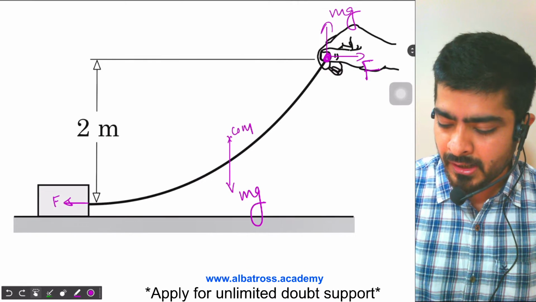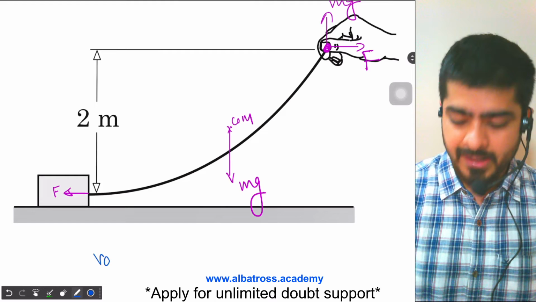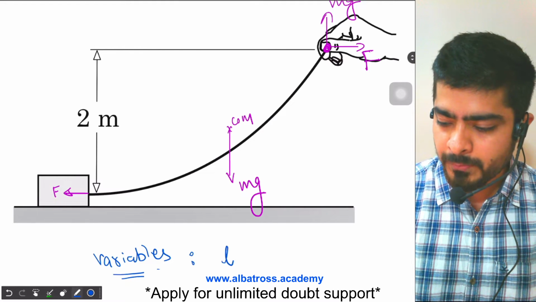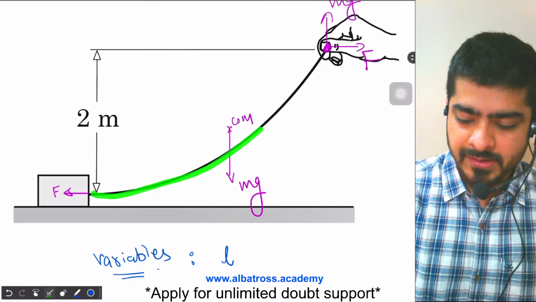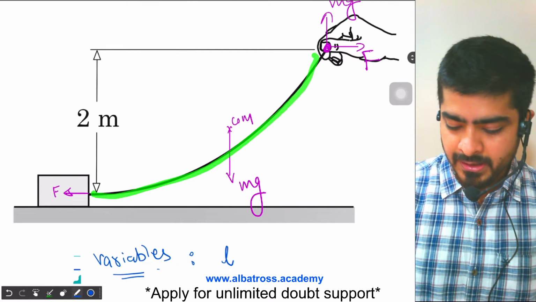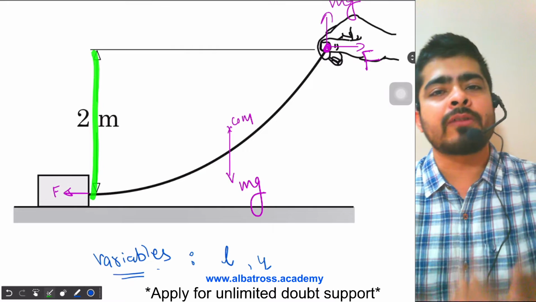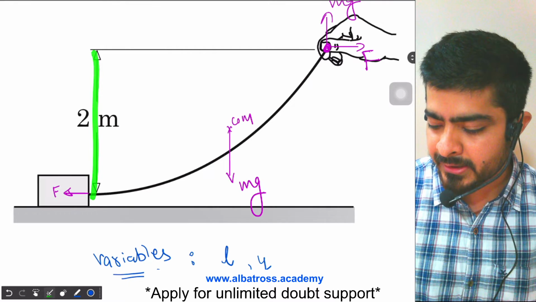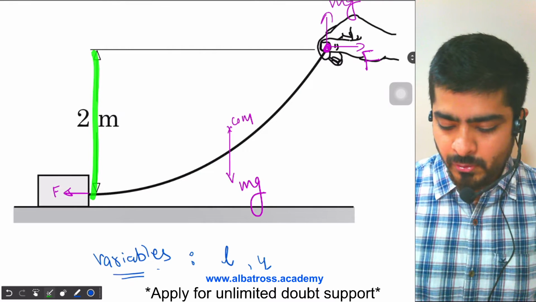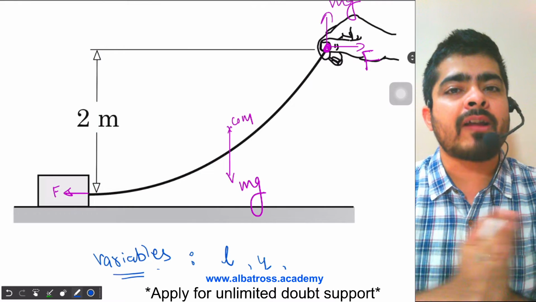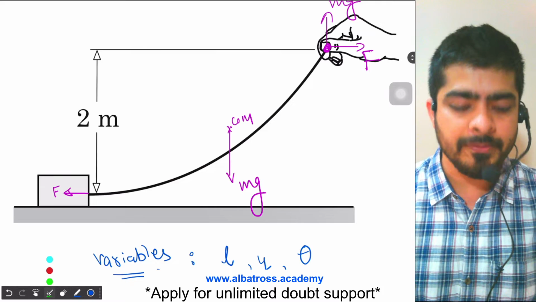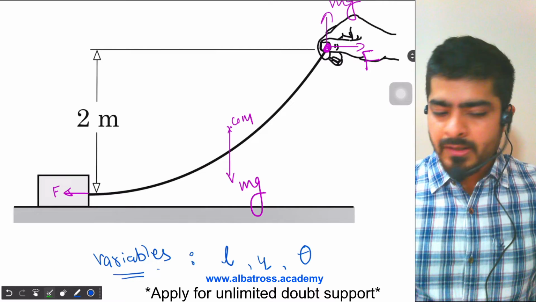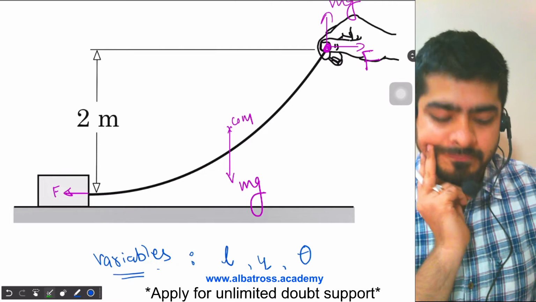The variables are the total length of the rope L. Then we are given the height y. You can see this height y, 2 meter, is given, correct? And the third parameter that we have to calculate anyways in the question is the angle theta. So finally I thought that I should try to convert my equations into these three variables. These are the three variables that I should be using.